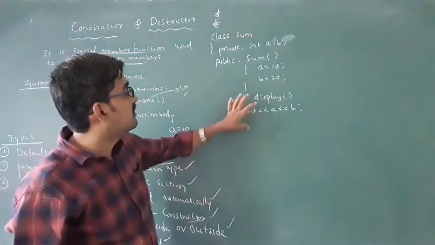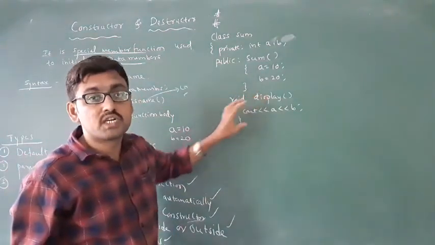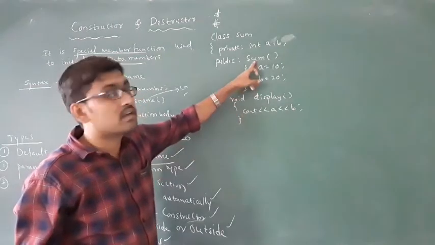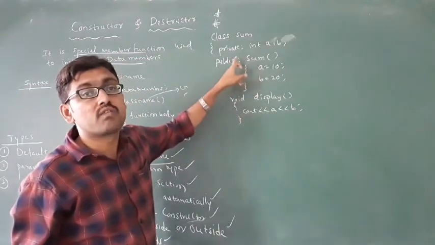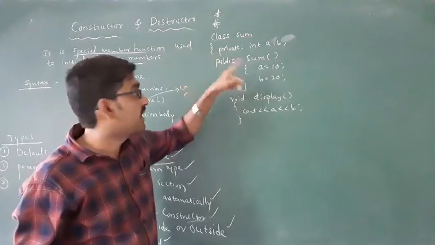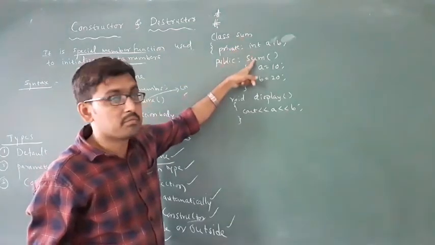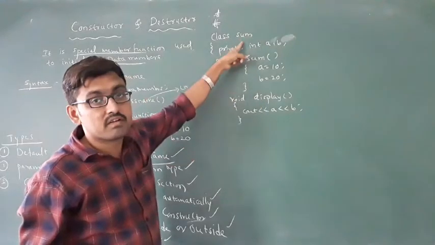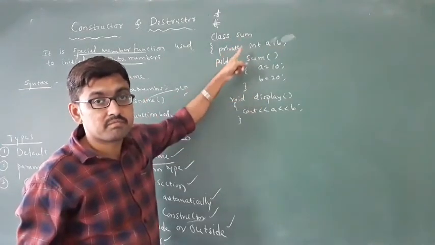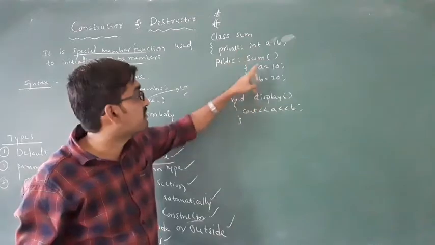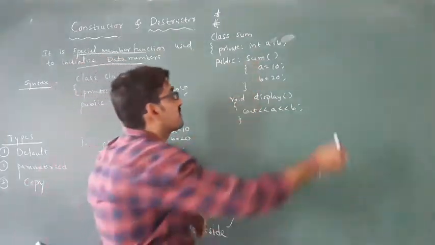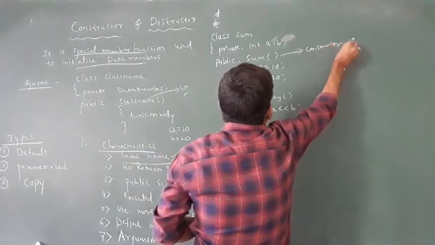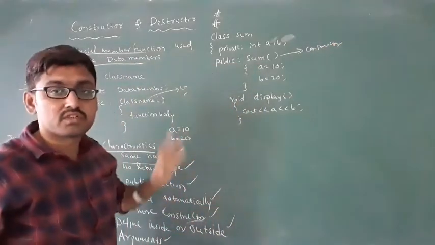See, this is a normal member function. It has a return type, but a constructor does not have a return type. And also the class name is the same. It is not a constructor because the class name and constructor name are not the same. That's why Sum is a constructor.